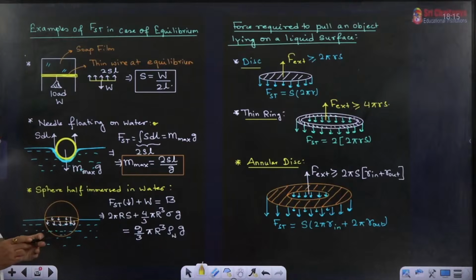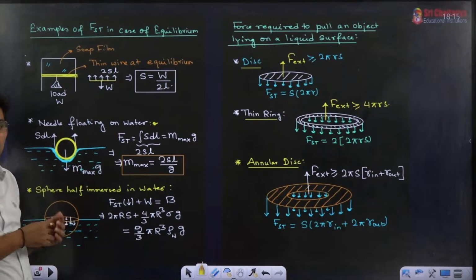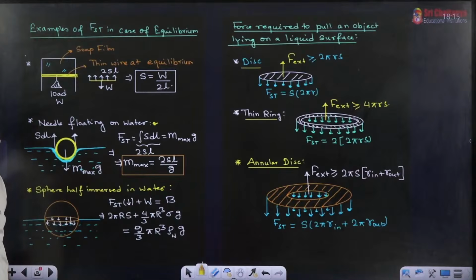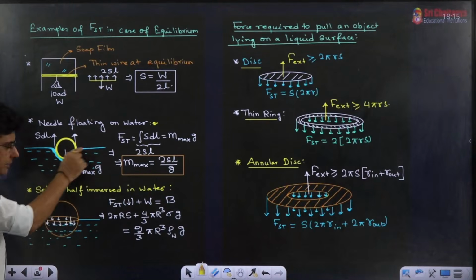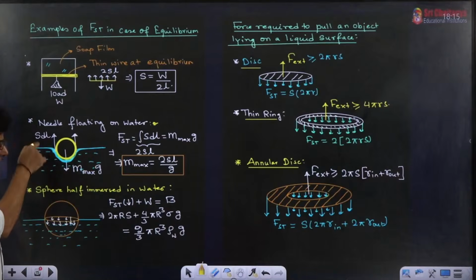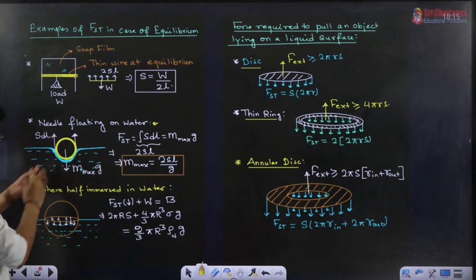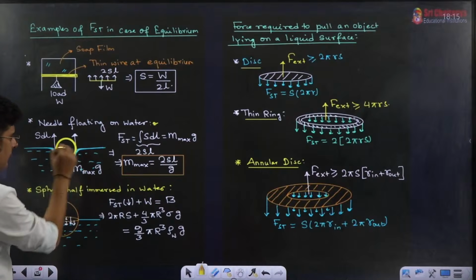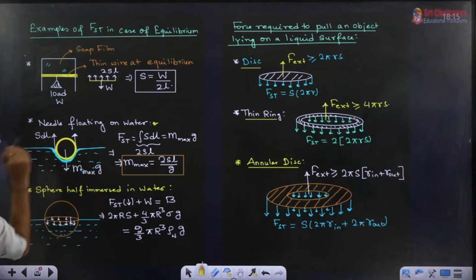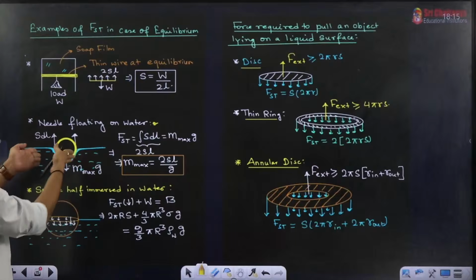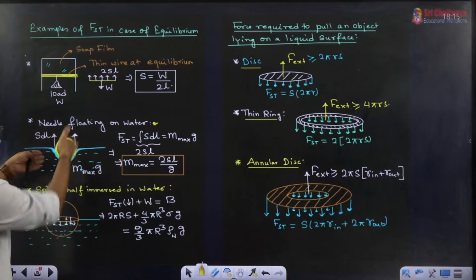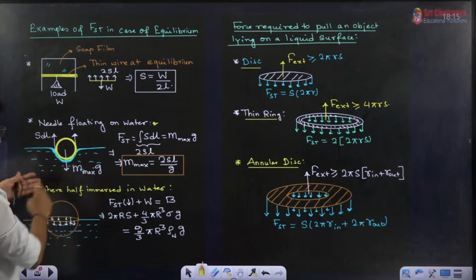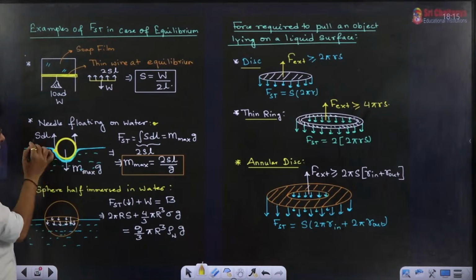Next, if you take a greased needle and gently place it on the water surface, just like you place a needle over a handkerchief, what will happen? The handkerchief shape will change. Similarly, the water surface shape will change. It has not gone inside, it is just floating atop. So if you see the needle, this side also we have length L going inside, this side also length L. So surface tension force on both lengths L will be upwards. I have taken a small element, that's why I am writing the force as S dL.